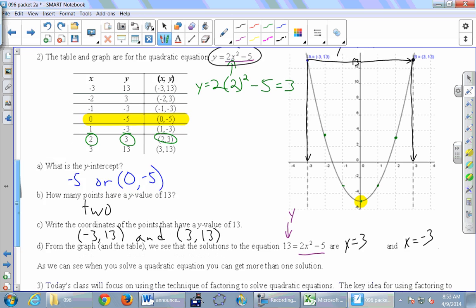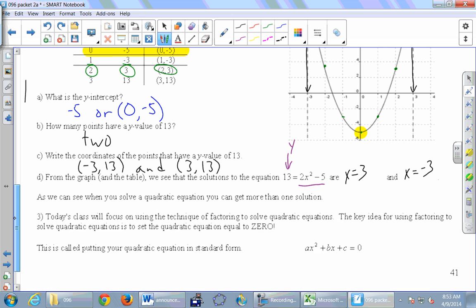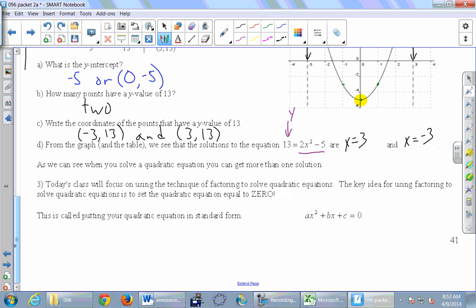Okay, so the point of this is that for the first time this semester, it's here right after part D, as we can see, when you solve a quadratic equation, you can get more than one solution. For the first time this semester, we have an equation, this equation, which had 2 solutions, x equals 3 and x equals -3.